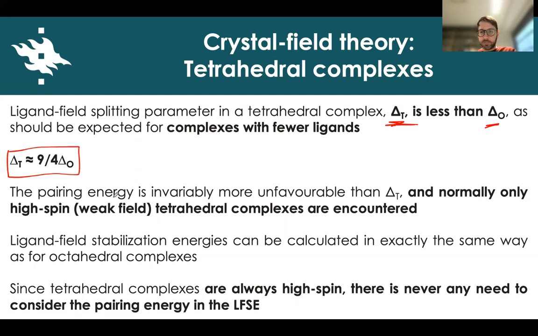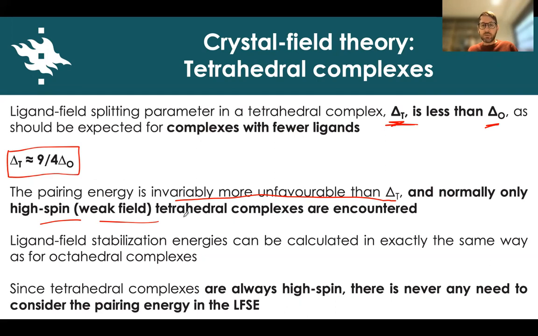In addition, the pairing energy is invariably more unfavorable than the ligand field splitting for the tetrahedral complex. And normally for tetrahedral complexes, we only have high spin or weak field cases for the electron configuration.